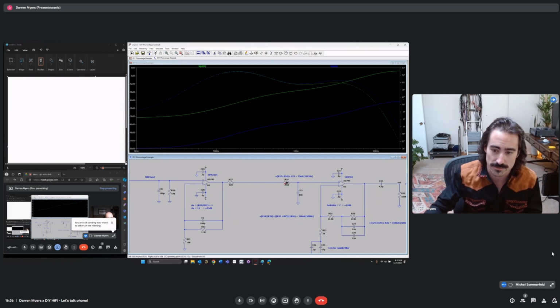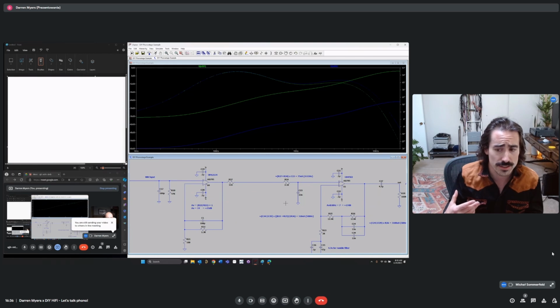So if we were to move this value down a factor of 100, that means that capacitor would have to go up a factor of 100 to have the same time constant in this section.